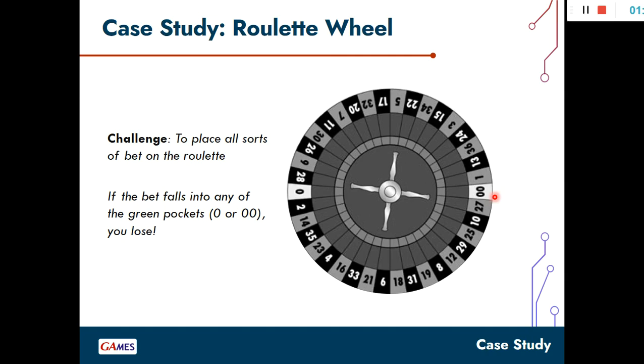To make that easy for you, if you count the total number of blacks that you have, you have 18 here. You have 18 blacks, 18 reds, and 2 greens, so they are equal numbers of blacks and reds.